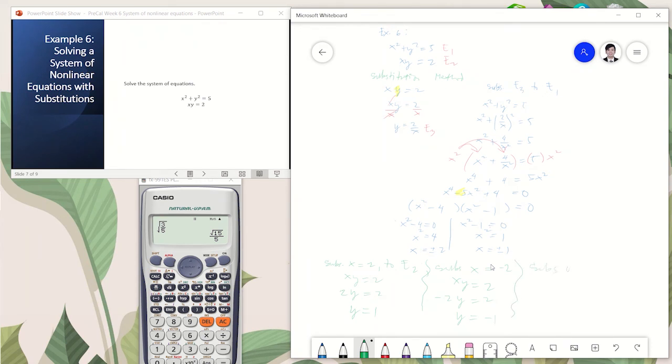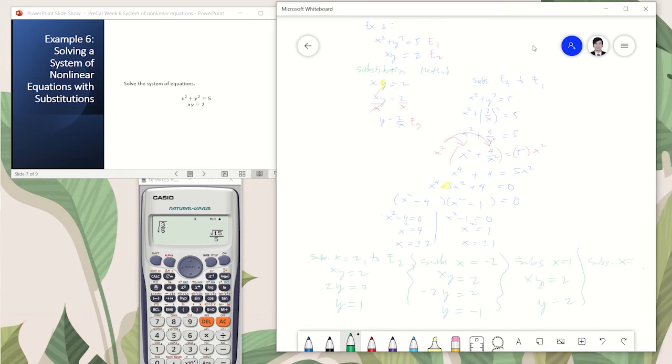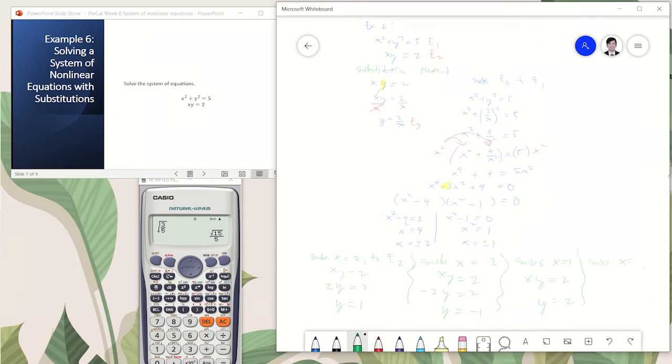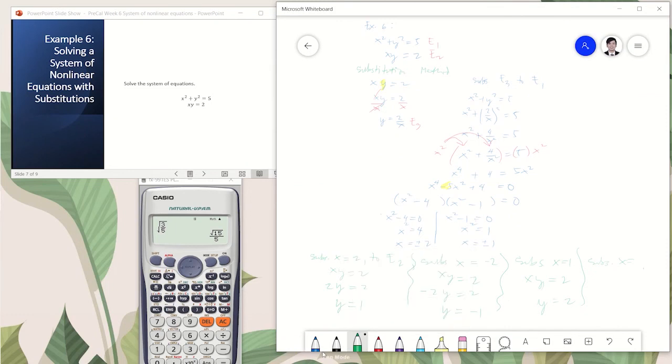If x is equal to 1, that would just be y is equal to 2. And if x is equal to -1, okay, I hope you can still see it. X is equal to -1.